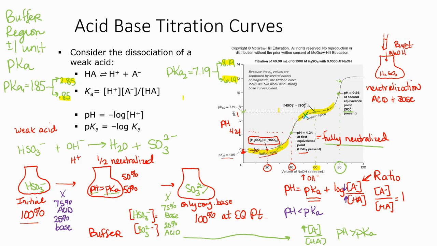Okay, that spot is going to have more HSO3 minus and less SO3 2 minus. You see how we're not quite at the point where they're 50-50. So the pH would be less than the pKa. And that's the second pKa, because that's what we're referencing, is that second mark.